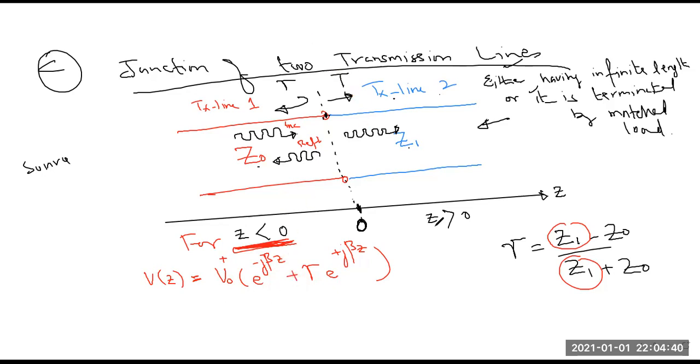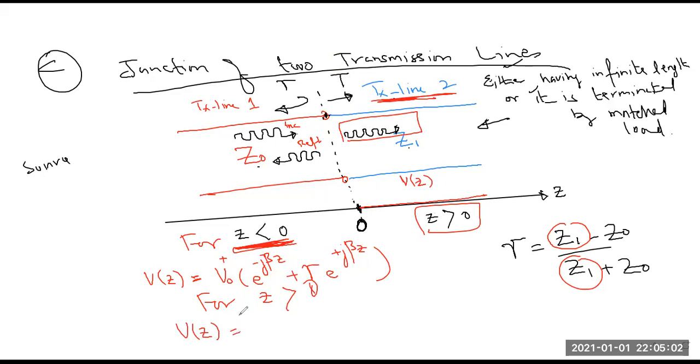But for z greater than 0, now I'm talking about transmission line number 2. For z greater than 0, we only have this wave, which we call the transmitted wave. What is the mathematical representation of its voltage?